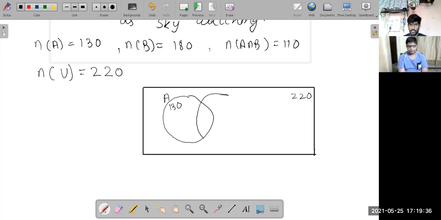Then there are students who have their hobby as sky watching, that is 180. And this middle portion, what is this portion? Intersection portion. This is 110. They have asked you to find out how many of them do not have both the hobbies. That means you have to find out this outer portion.